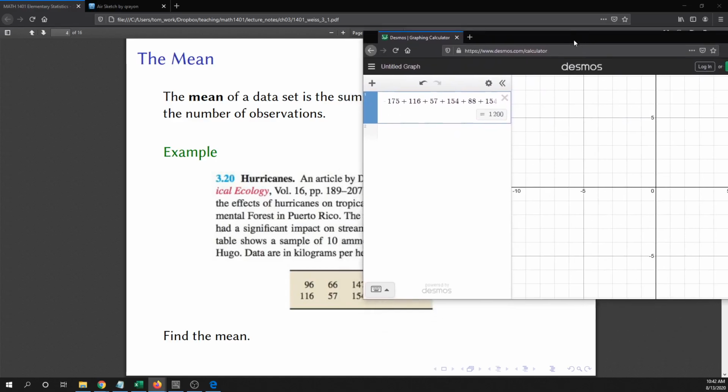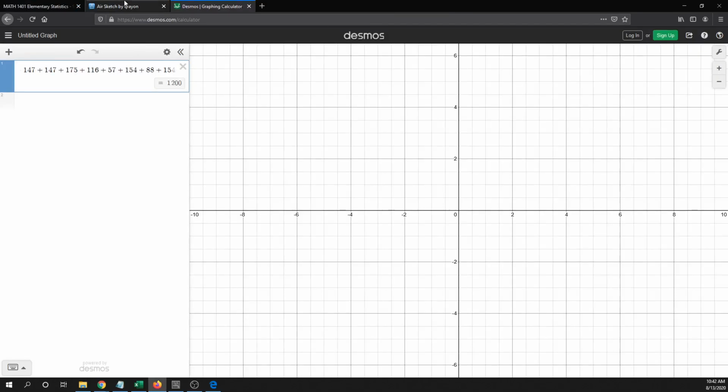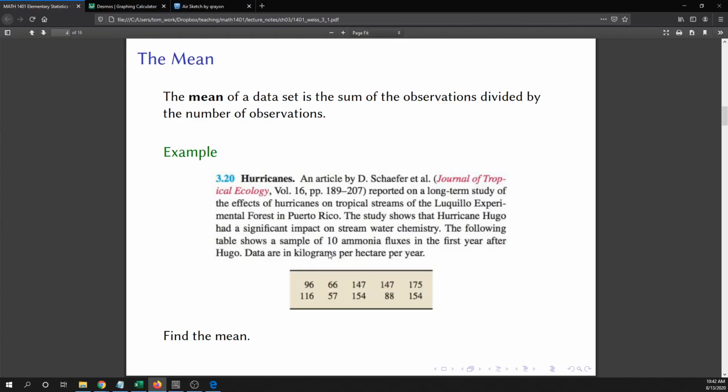All right, so add all those up and I get 1200. So that's the sum of the observations.